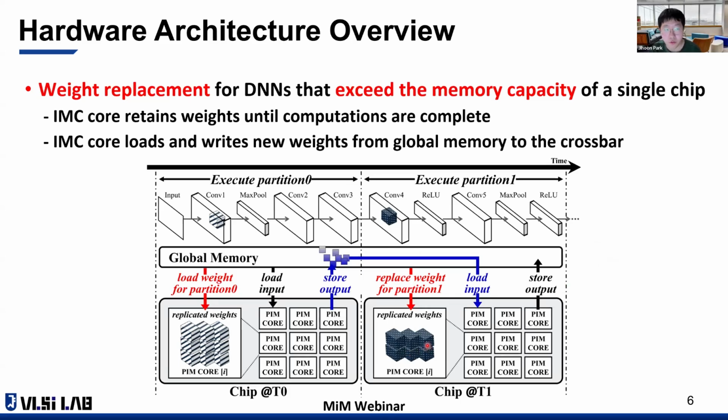But one thing that is really different from NPUs is that the previous and most PIM compilers focus on mapping multiple layers to the PIM core at once, executing multiple layers and storing the output of the last layer of the mapped ones in this stage.